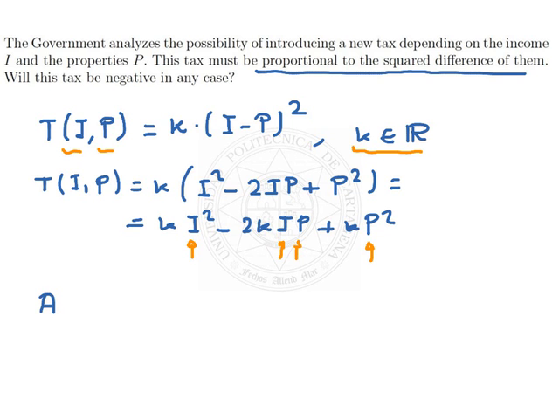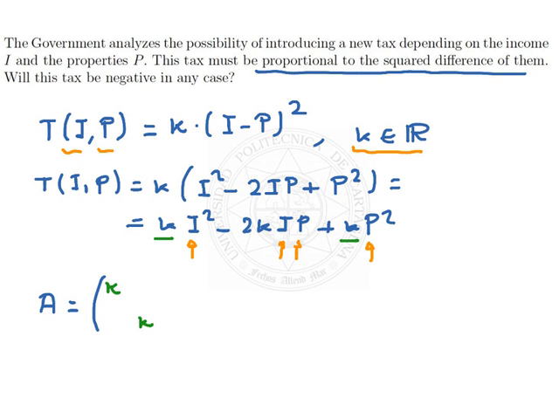To study its sign, I first calculate its matrix. The term in the first variable square is this one, so I write here k. The second variable square has a k as coefficient as well. And finally, I times P has minus 2k as coefficient.